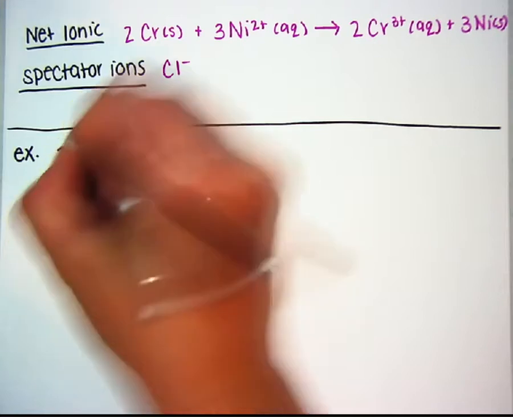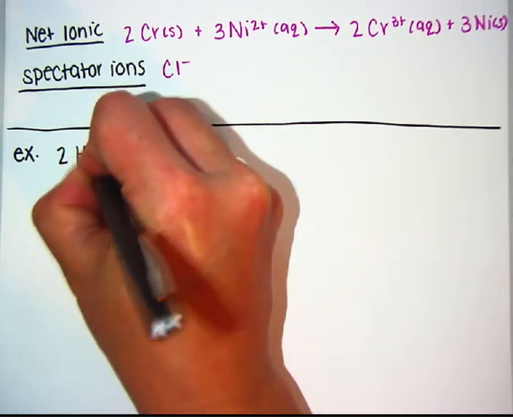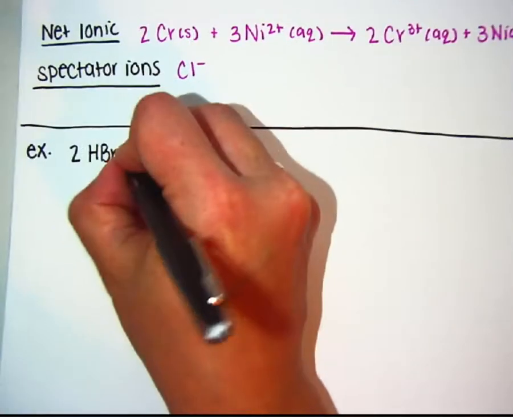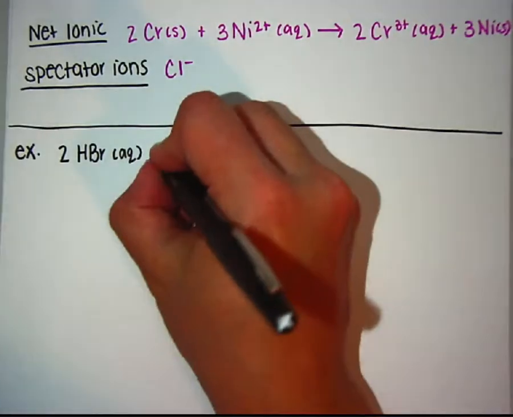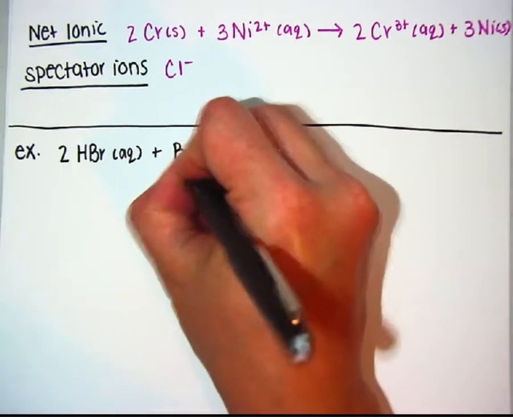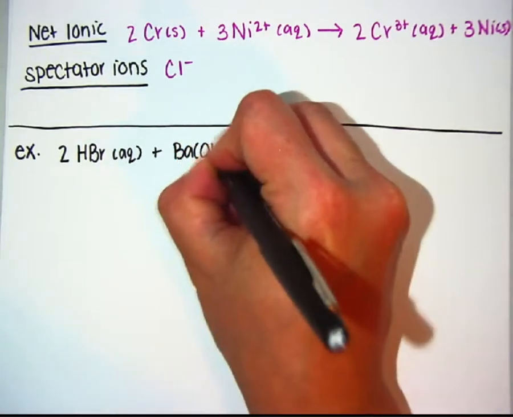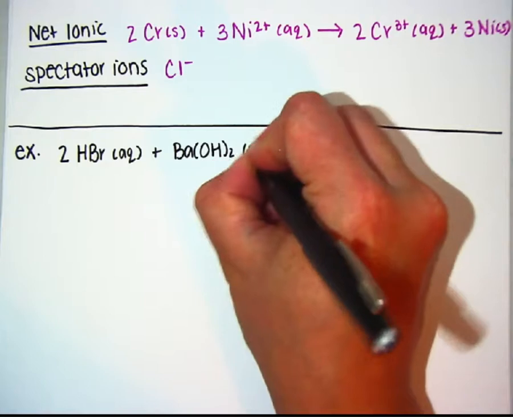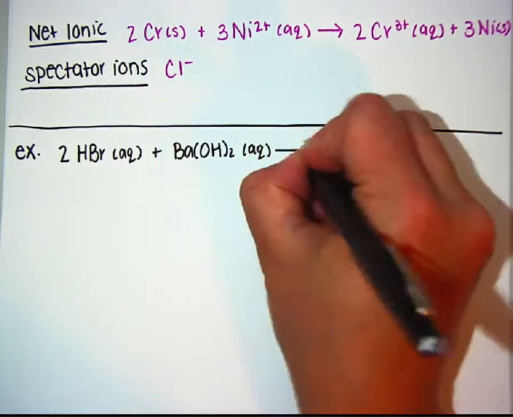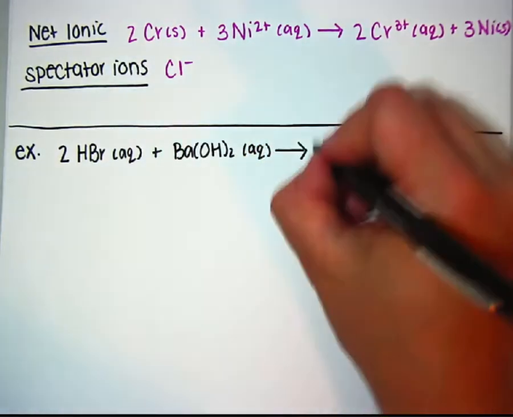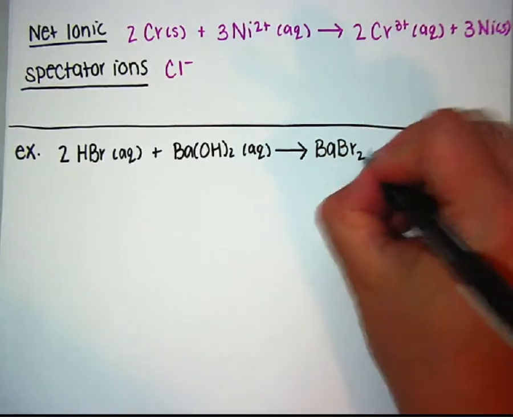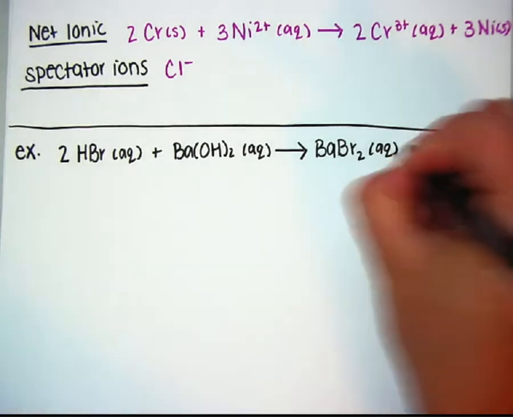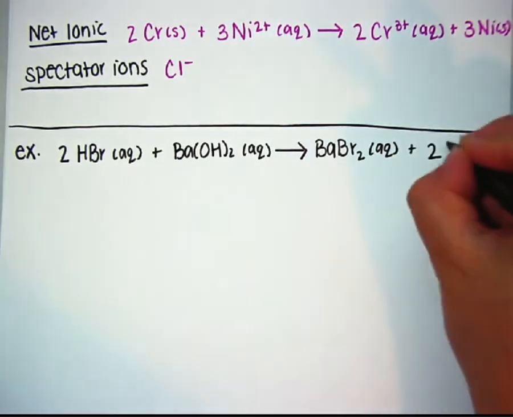Let's say I had hydrobromic acid reacting with barium hydroxide to produce barium bromide plus water.